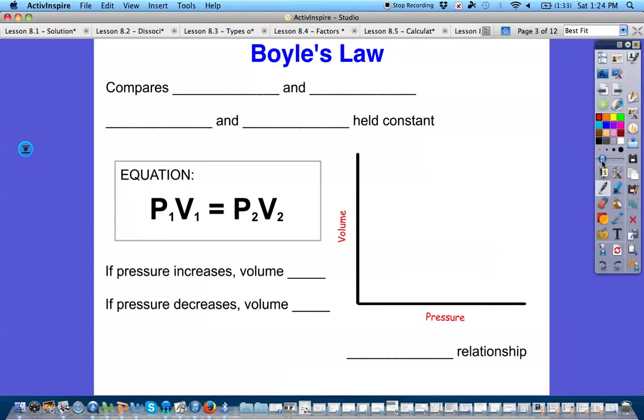The first one is Boyle's law, and Boyle's law compares pressure and volume. And since we're only looking at pressure and volume, temperature and amount are held constant.